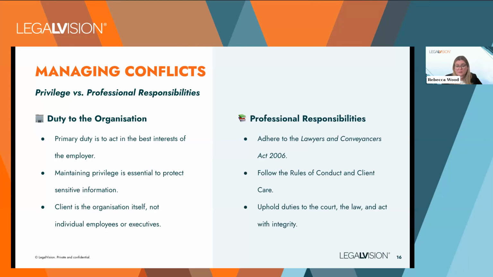So you've got a paramount duty to act in the best interests of your employer and client. This will involve maintaining privilege to protect sensitive information. But it's important to remember that the client is the organization itself and not the individuals or executives within the organization. So that's always something that you need to factor in when you're giving advice. Now, we need to balance that responsibility against your professional responsibilities as lawyers.